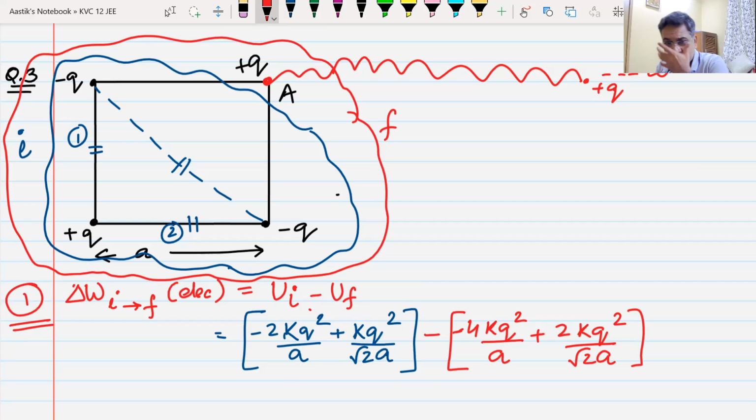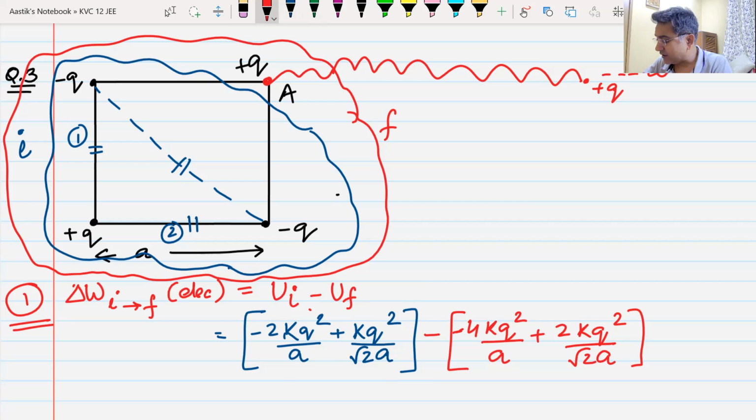In this way, you have to find out the initial energy of the system and the final energy of the system, subtract final from initial, Ui minus Uf, and you get the work done by the electrostatic force. What is the answer that you are going to get? kq square by a into 2 minus 1 by root 2.